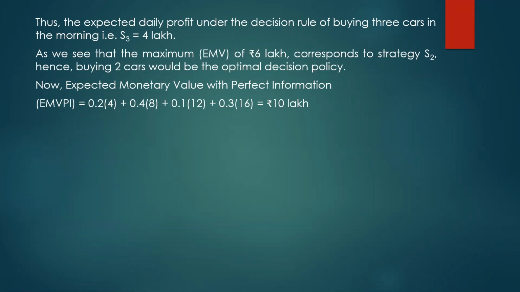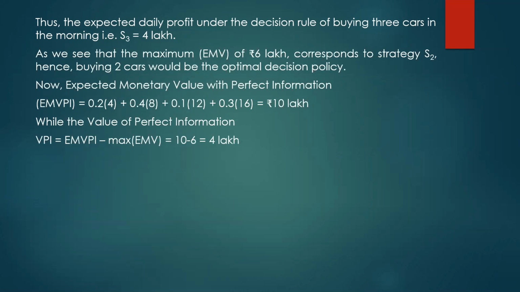So if the expected monetary value with perfect information is 10 lakhs, and if you look at the VPI, it will be 10 lakhs minus 6 lakhs. That is because the maximum EMV is 6 lakhs. So that gives you 4 lakhs, right? So the value of perfect information, the formula is EMVPI minus EMV, which will give you 4 lakhs.